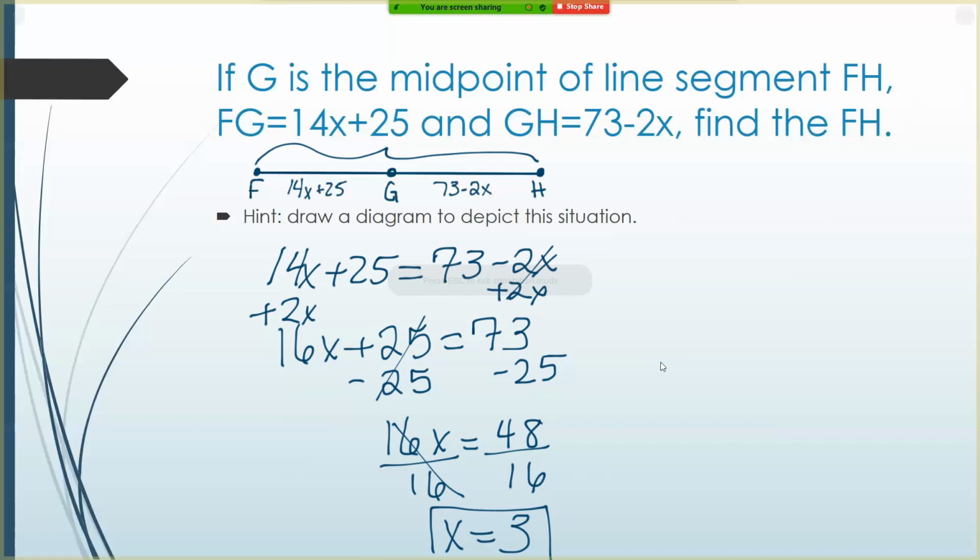You also know that this piece has to equal that piece because they're midpoints. So you can plug in 3 here, figure out the value from F to G and just double it. You can plug in 3 here, find that value and double it, or you can take both of these, add them together, and then plug in 3.